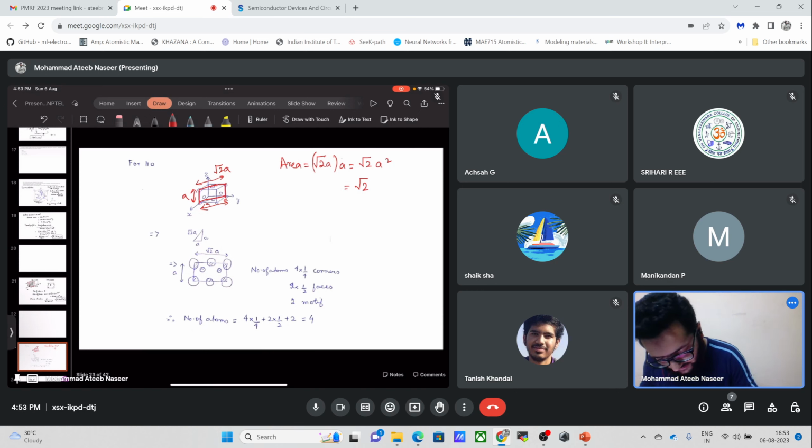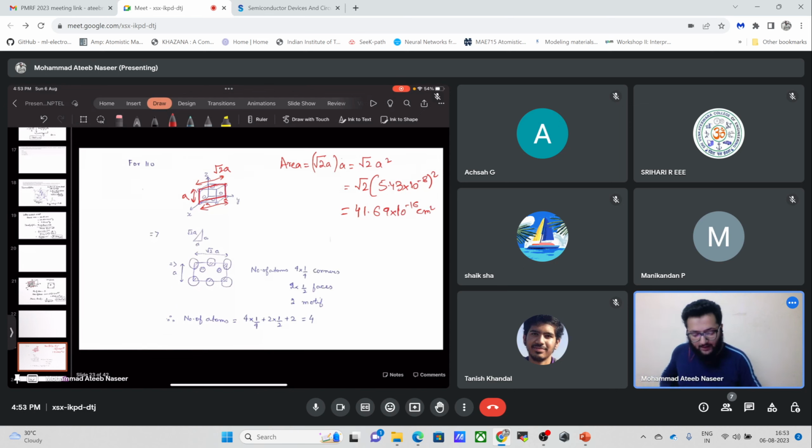It is that value a squared, with 5.43 into 10 to the power of minus 8 squared in centimeters. So it would be 41.69 into 10 to the power of minus 16 centimeter square.